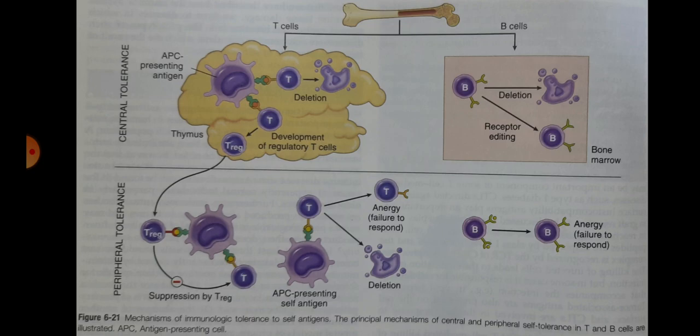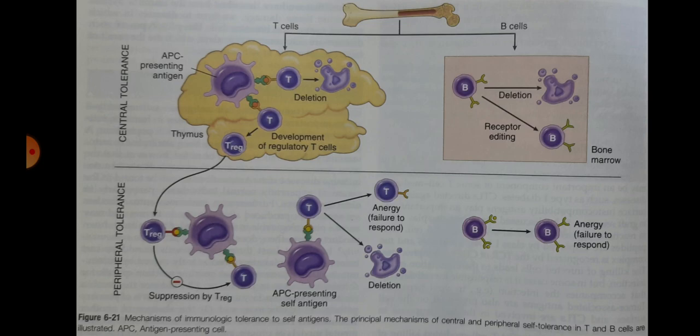Central tolerance. In this process, immature self-reactive T and B lymphocyte clones that recognize self-antigens during their maturation in the central or generative lymphoid organs, for example, the thymus for T cells and the bone marrow for B cells, are killed or rendered harmless, that is, inactivated.